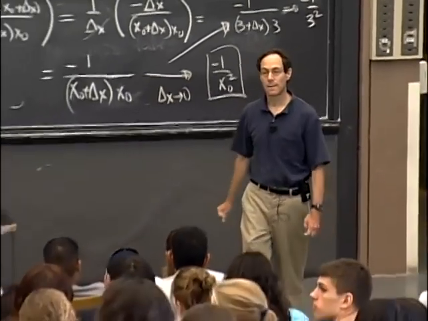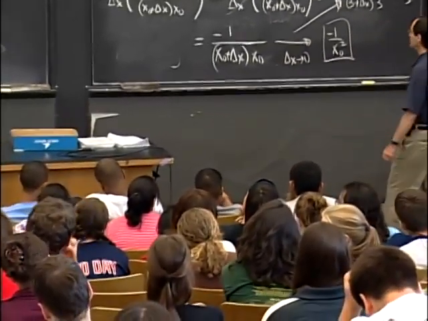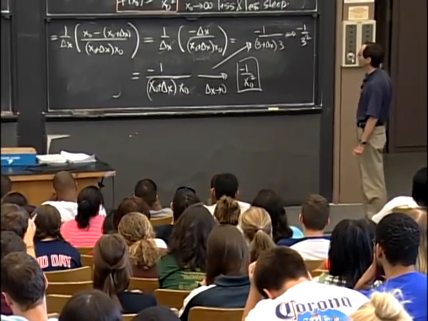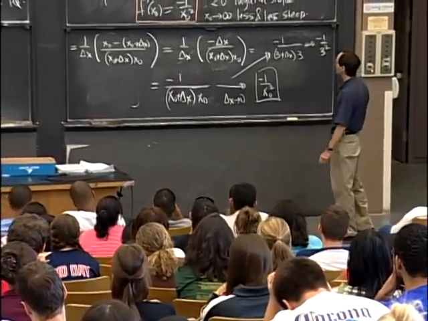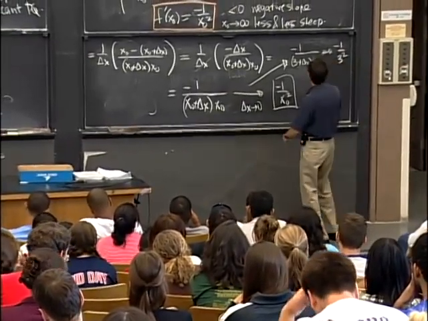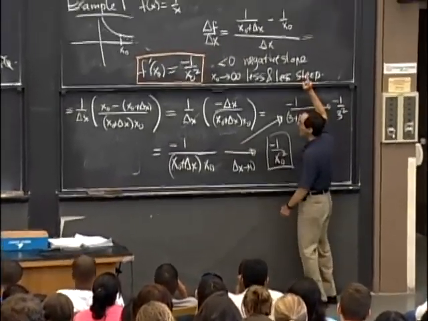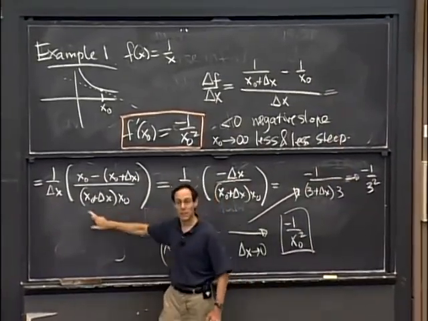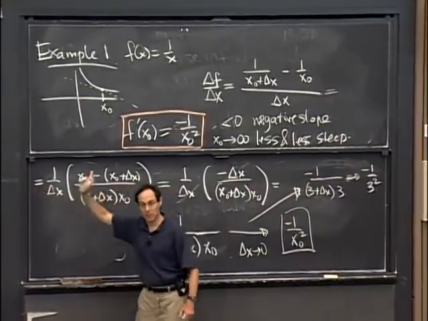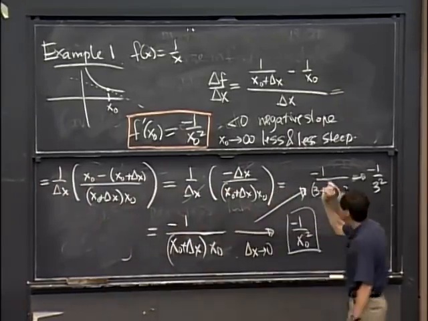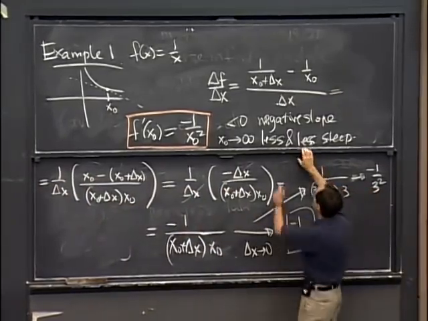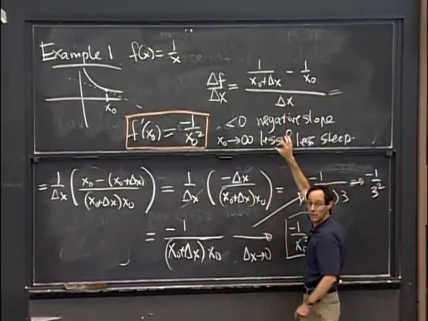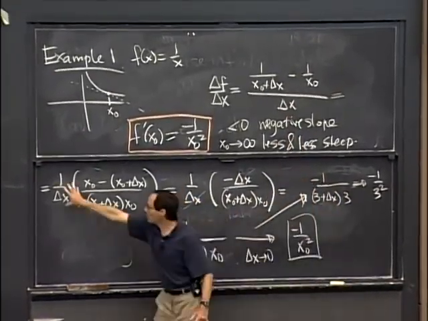Yes? How did you simplify it from delta f over delta x? How did you simplify it from the original equation to when you have 1 over delta x factored out? So the question is, what happened between this step and this step, right? Explain this step here. All right? So there were two parts to that. The first is this delta x, which was sitting in the denominator, I factored all the way out front.